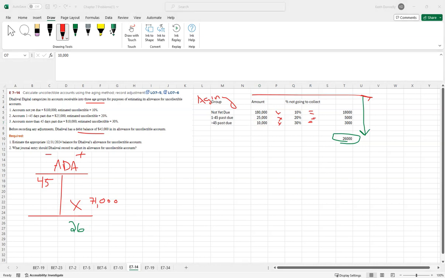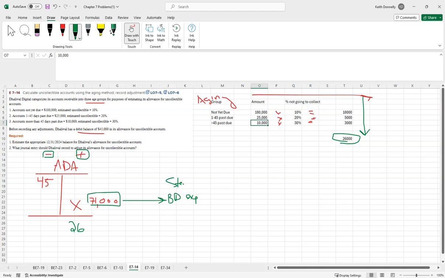You have to think of it like this: negative 45 plus positive 71 gets you to the 26. And that ends up being our bad debt expense.